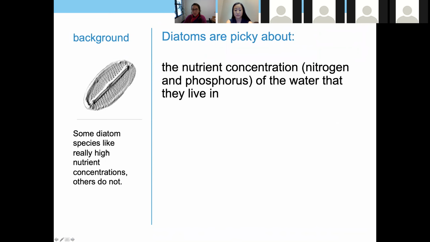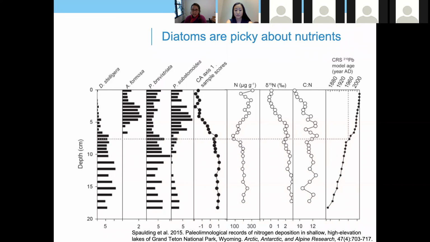We could talk about diatom pickiness, about nutrient concentrations like nitrogen and phosphorus of the water that they live in. And again, I'm going to talk about a lake sediment record. In this sediment record, we've flipped the axes a little bit to the way most sediment records are reported, which is the 0, which was about the year 2000, going back to 20 centimeters of depth in the record.